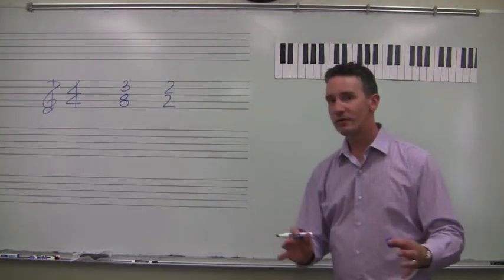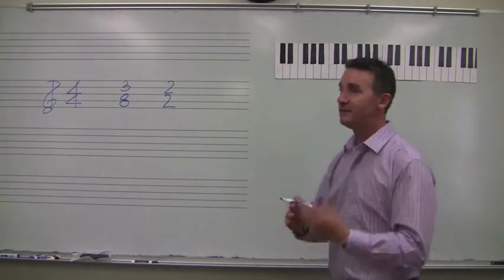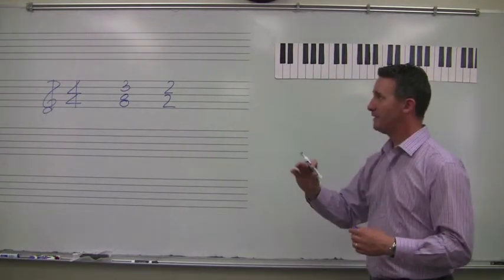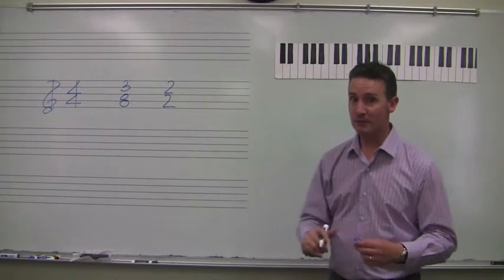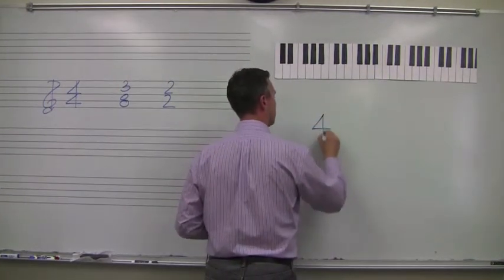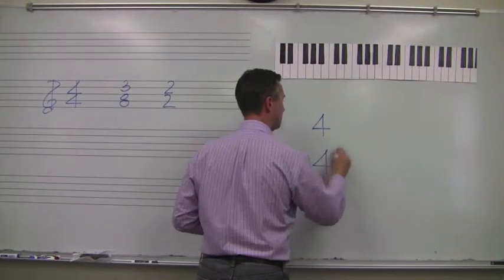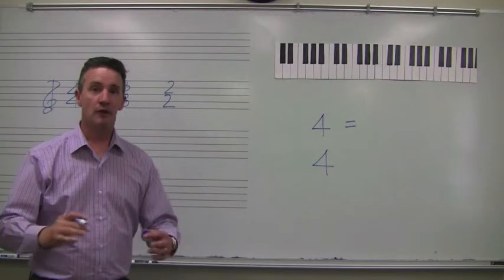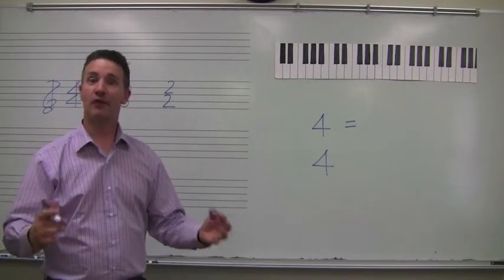And the most important thing for you to understand is the difference between the two numbers. What does the top number mean versus what does the bottom number mean? So let's look at that. In a time signature, the top number refers to the type of beat that we are dealing with.